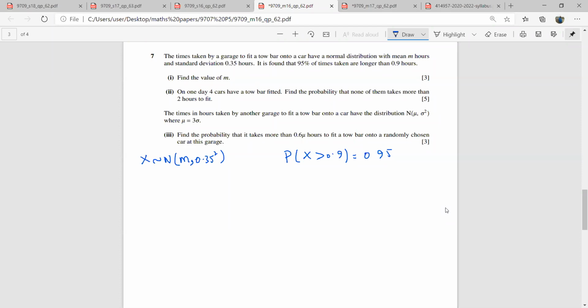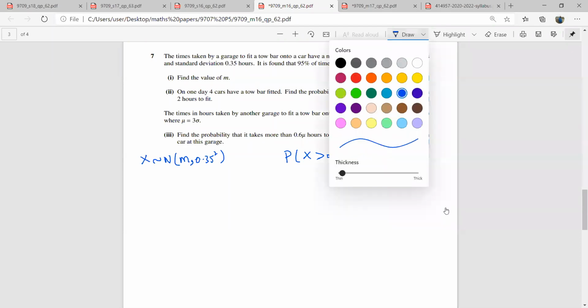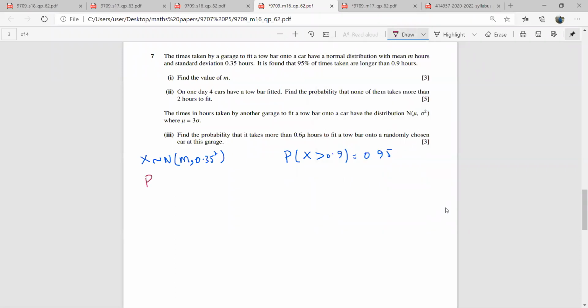So, we always start by standardizing. This now becomes the probability Z is greater than (0.9 minus m) over 0.35, which is equal to 0.95. Okay, so you see that there is this greater than sign here.